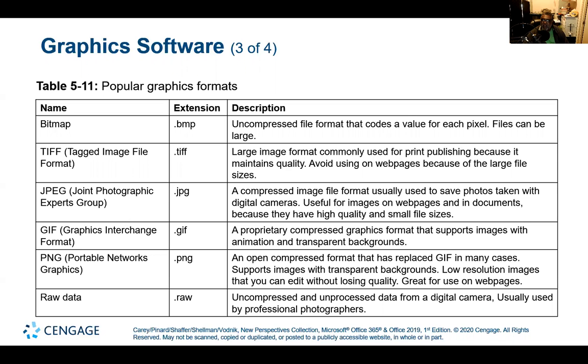Now here they're listing some of the different types of format that you can get a graphic image. Because I use a digital camera, it comes in as raw, uncompressed, unprocessed data from a digital camera, usually used by professional photographers.